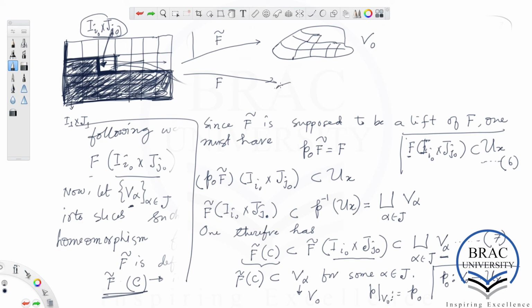It should be a copy of this, right? All the slices are going to be projected to this open set in the base space. This is U sub X, and these are the rectangles, like this, and this is the covering map, right? Okay, good. This is the diagram.